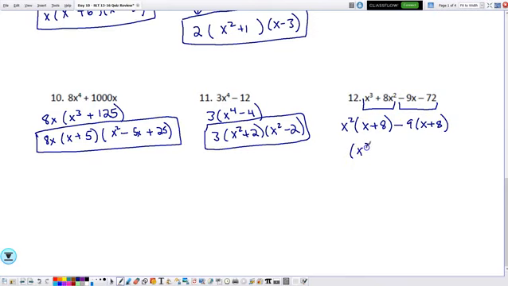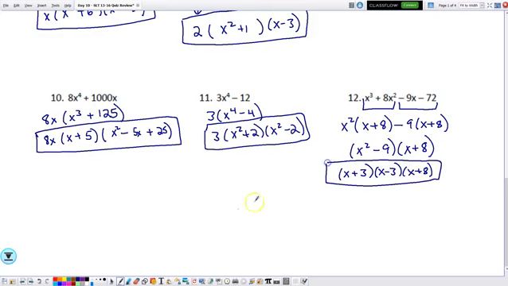So now I rewrite this as 2 binomials, and I've got x squared minus 9 times x plus 8. Don't put a box around it yet. Let's check. Are either of these binomials the sum or difference of cubes or the difference of perfect squares? Yes, x squared minus 9 is the difference of perfect squares. There we go.